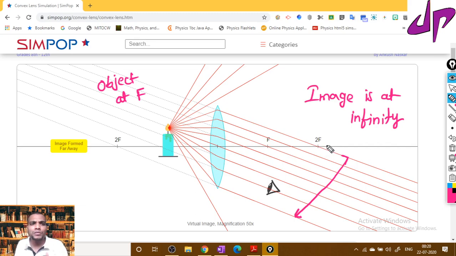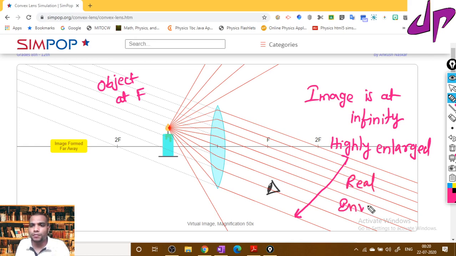We can say if the object is at focus, the image forms at infinity, and the nature of the image is highly enlarged, real and inverted. So this is the special case where we get the image at infinity.